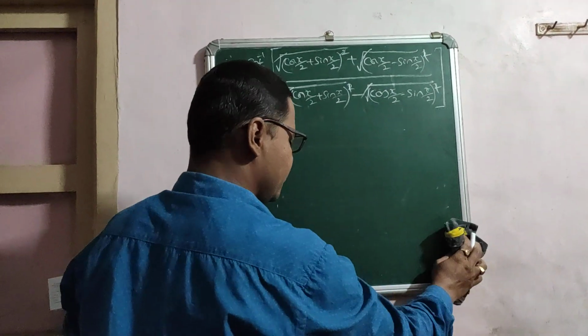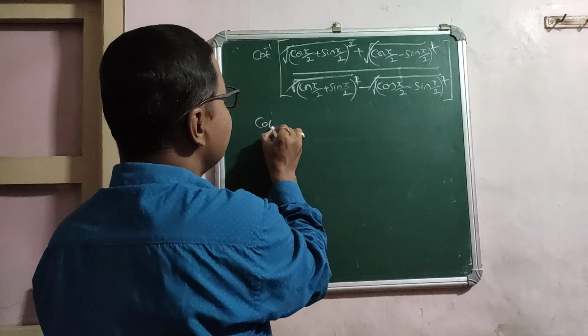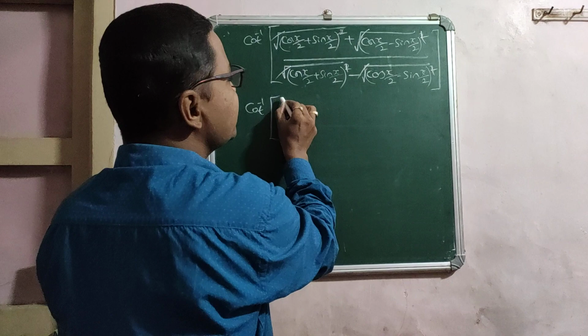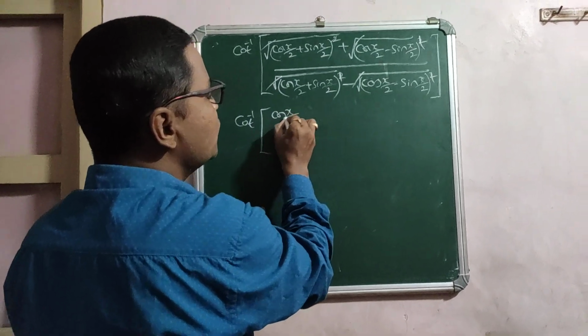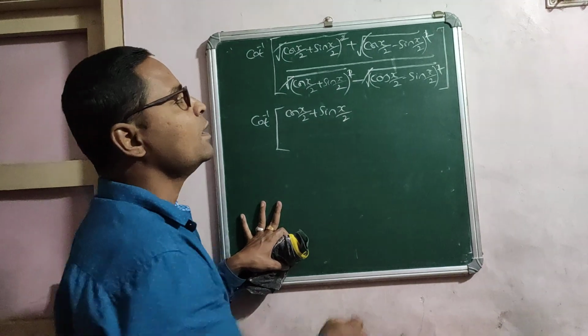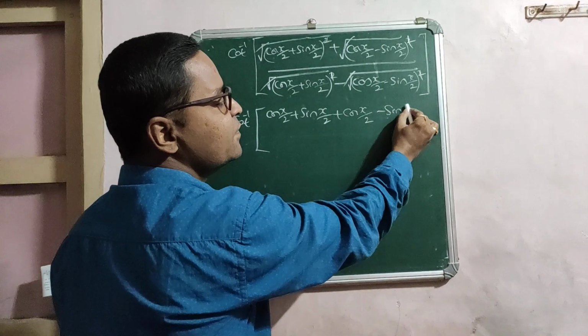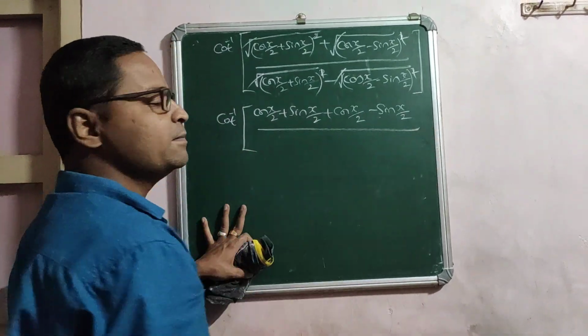Now we simplify the term which is in the brackets, that is cot inverse of, we will write the term as cos x by 2 plus sine of x divided by 2 plus cos of x divided by 2 minus sine of x divided by 2, divided by.